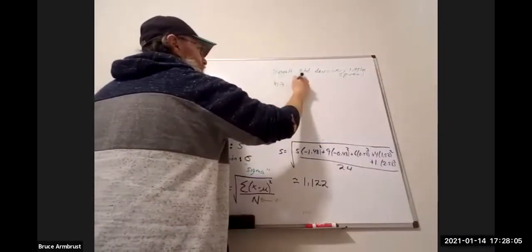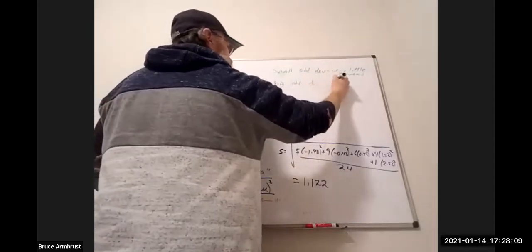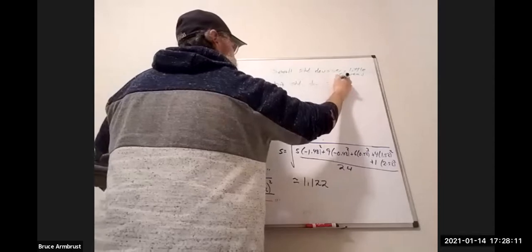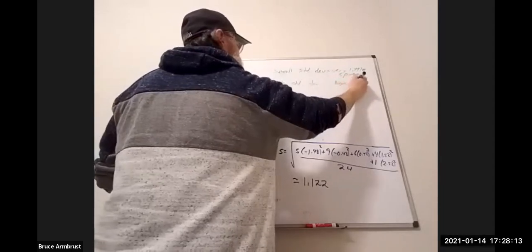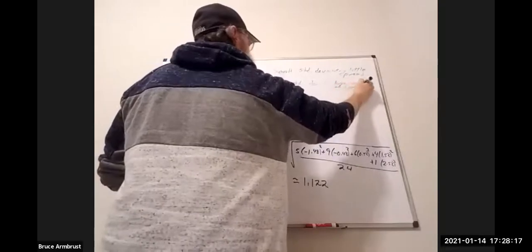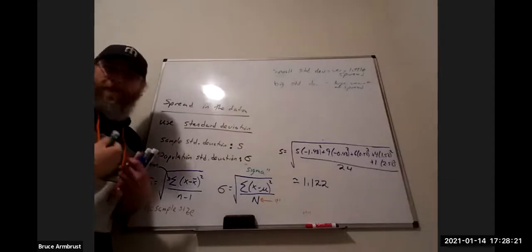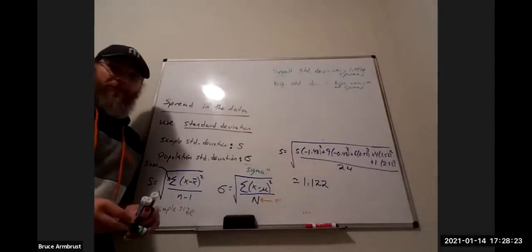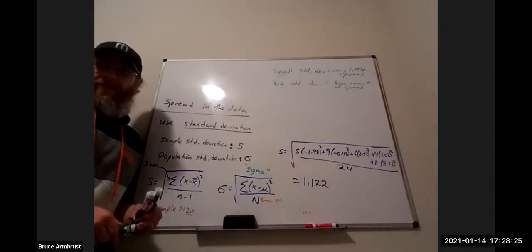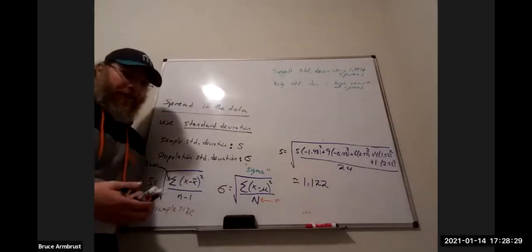And big standard deviation equals large amount of spread. All right, so this is how we're going to measure it. We're going to calculate this thing called the standard deviation, and that's basically going to tell us how much our data is spread.